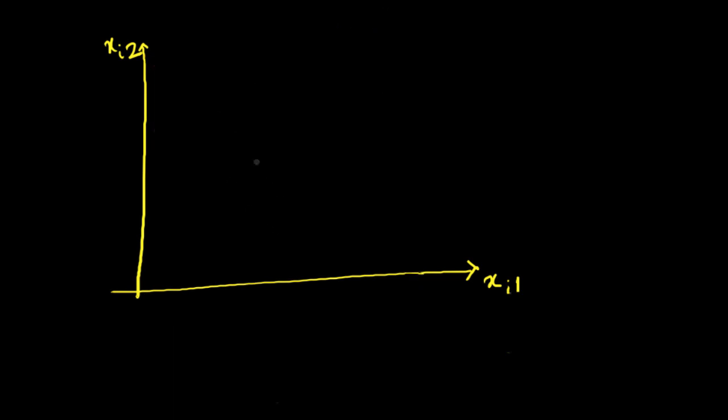So now let's say you have certain data points which look like this, that you have these data points over here which are in class 0, and the class 1 data points are surrounding the class 0 data points.